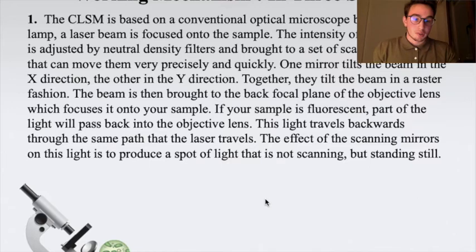If your sample is fluorescent, part of the light will pass back into the objective lens. This light travels backward through the same path that the laser travels. The effect of the scanning mirrors on this light is to produce a spot of light that is not scanning, but standing still.